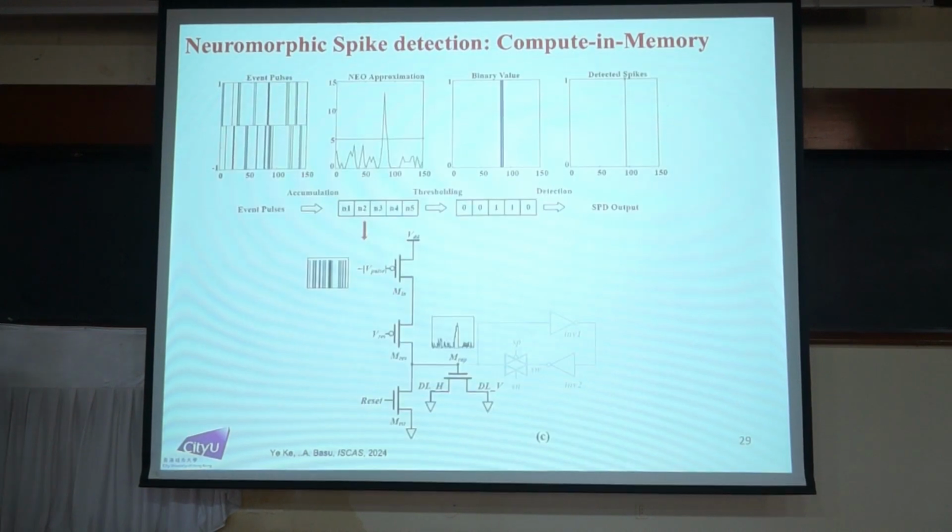Going ahead to this actual circuit, we can match the intuition to what's happening in the circuit. If these are the event pulses that are coming in, what we are trying to do is count the number of events in each time bin, and then threshold to see if the number of events is larger than some threshold or not. Then you get a vector with a few ones in it, and the detection asks how many of these bins are more than a 1.